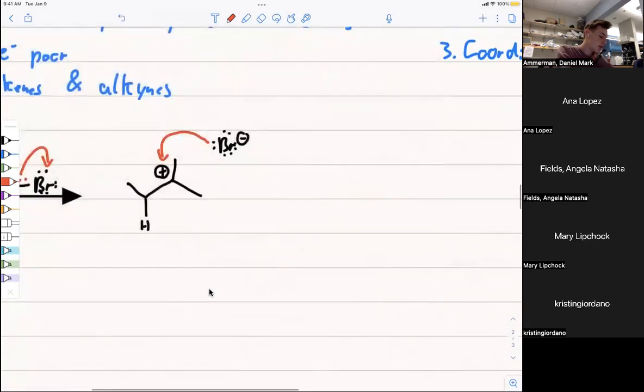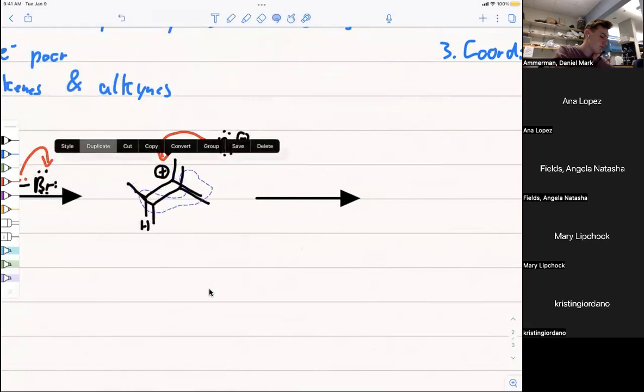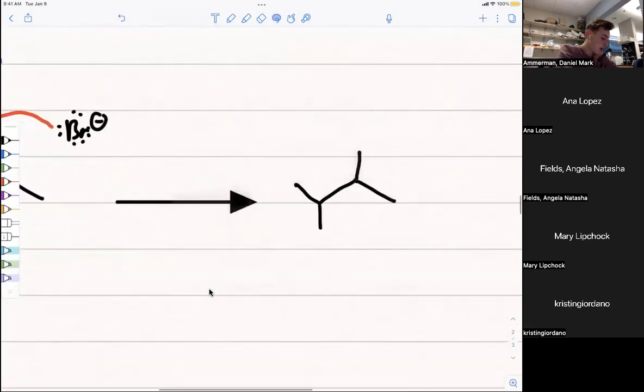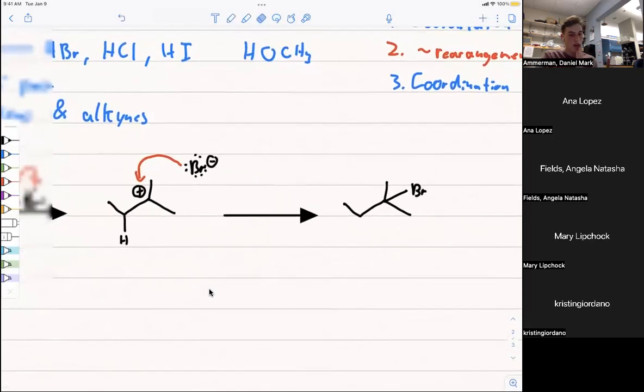And then we'll just head straight to our product. I like to think about that as minus is adding to plus, and then we have our product. And then we just end up with the product with the bromine here. And that is what we get.